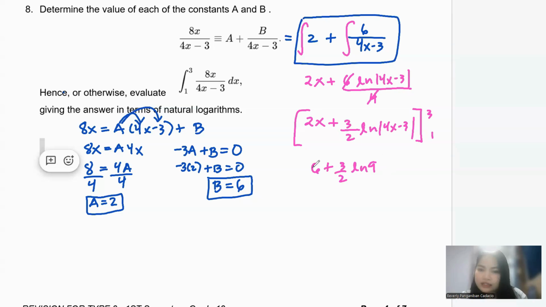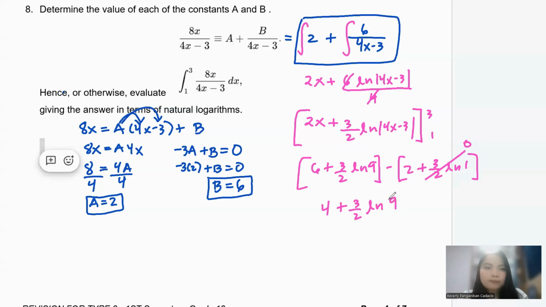And then we're going to have minus, but let me just put a bracket so you will not be confused. 2 times 1, it will be 2. And then the same thing, 3/2 ln (4 times 1, 4 minus 1), 1. You know that ln 1 is just going to be 0, right? So this one can just be cancelled here. So, meaning to say, I will only have 6 minus 2 here, which is 4, plus 3/2 ln 9.